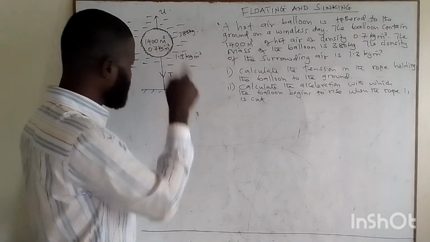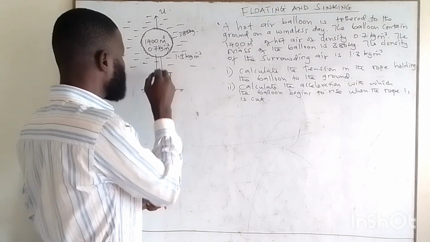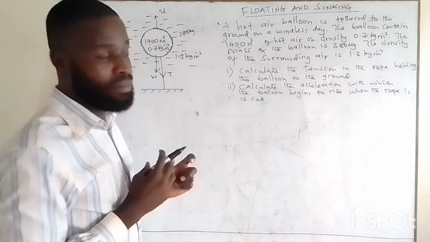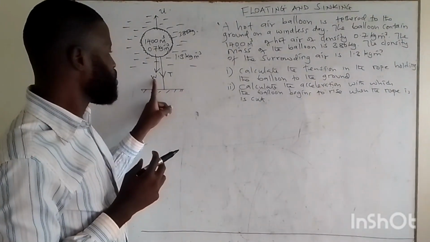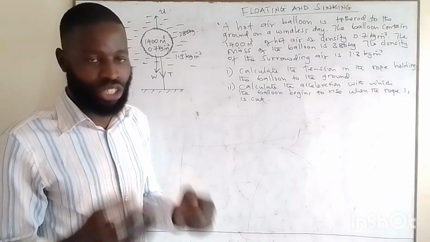And 3, we have the weight, W. We look at the diagram. W, which is the weight, and the tension, they are acting in the same direction.